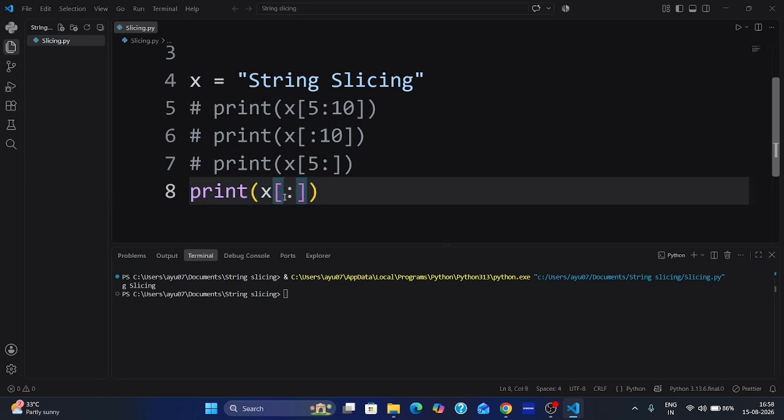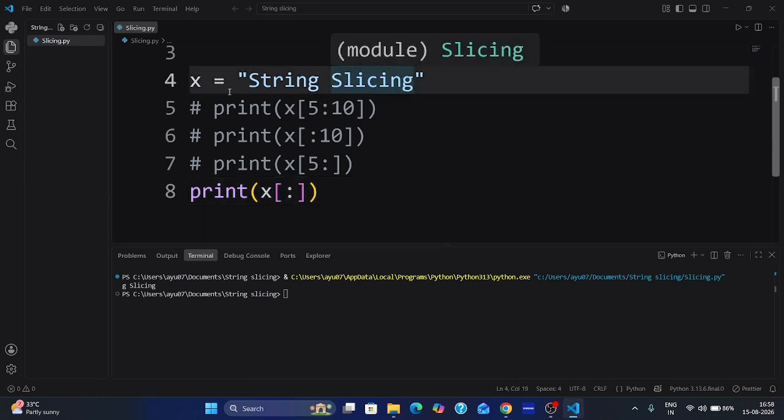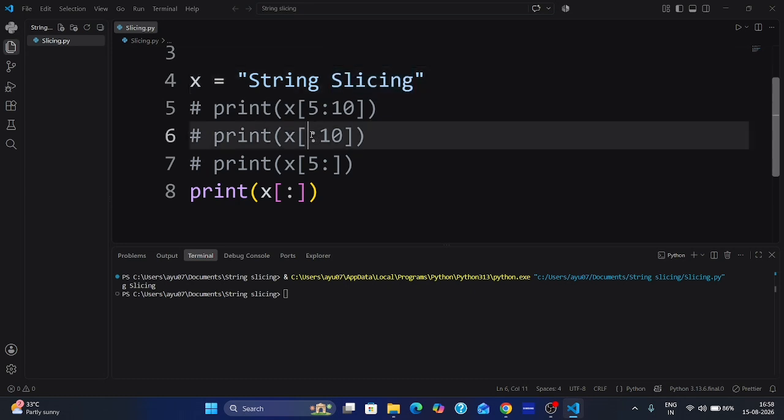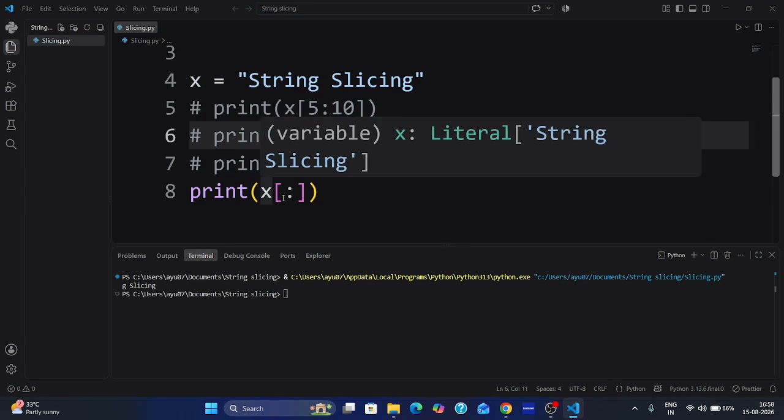Here the starting point is not given and the ending point is also not given. So what will it print? It will print from the start up to the end. In colon 10, I also told you that if any value is not given, it will print from the start up to the given value.